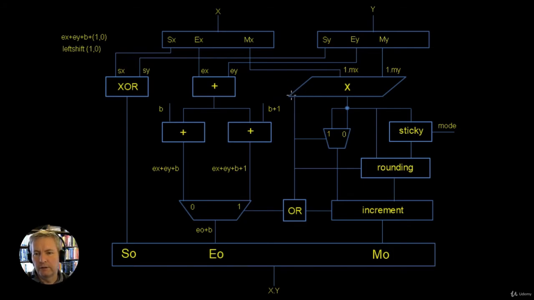And you can see that I've drawn that in here. We've got the 48th bit of the multiplication in here, and you can see it comes down. One copy goes into the exponent, which we've talked about already, but another copy goes into this multiplexer here, and it'll choose either this value here, or this value here.